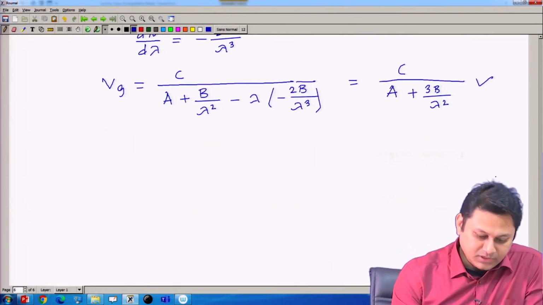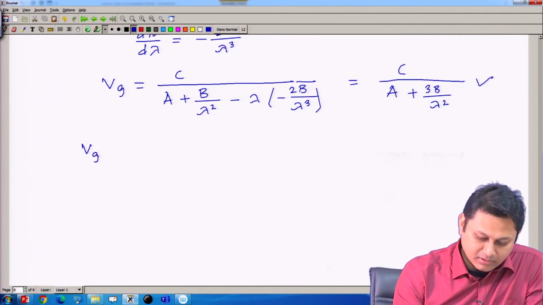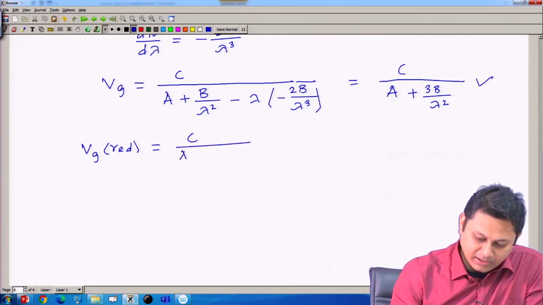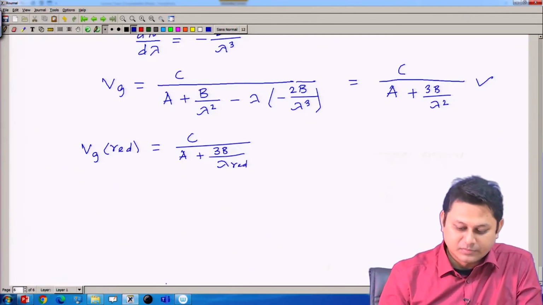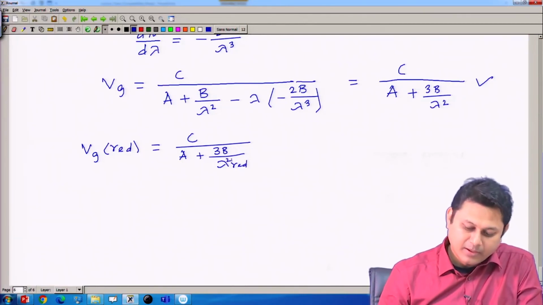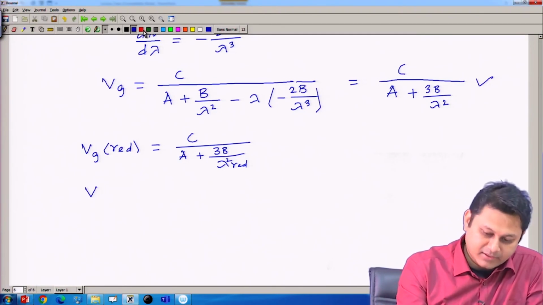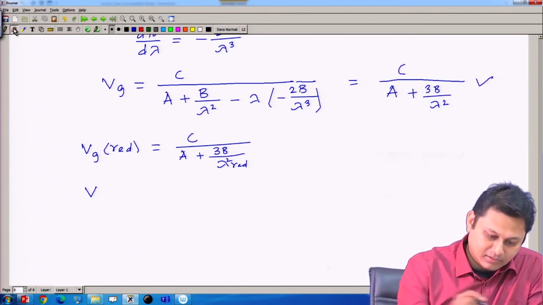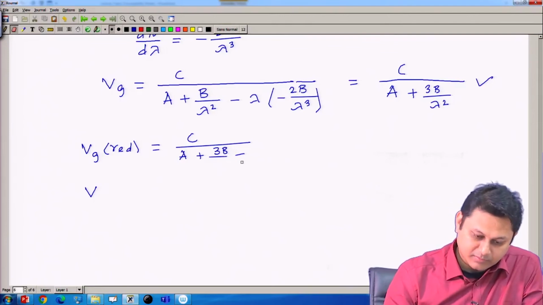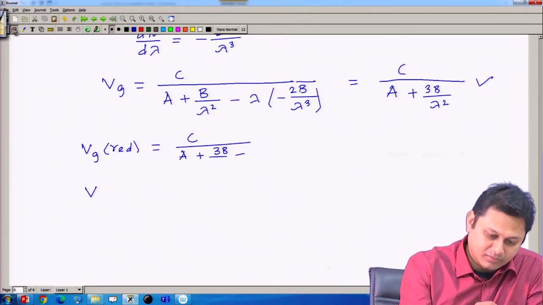Now, if I calculate for red, Vg for red will be C divided by A plus 3B divided by lambda red squared.